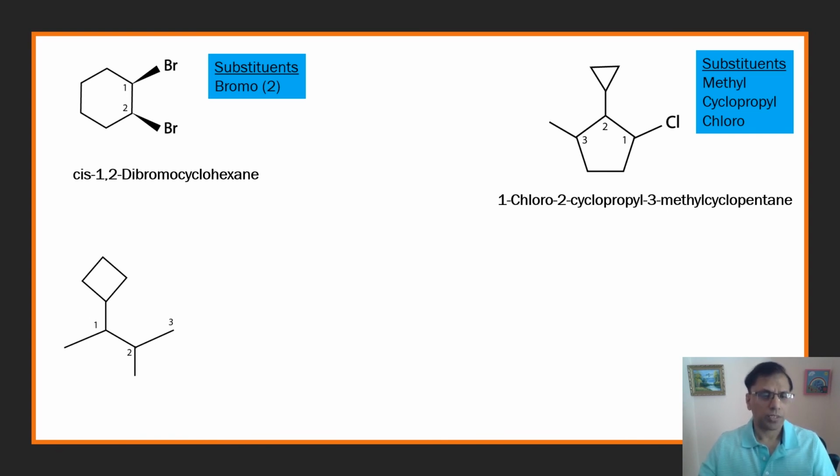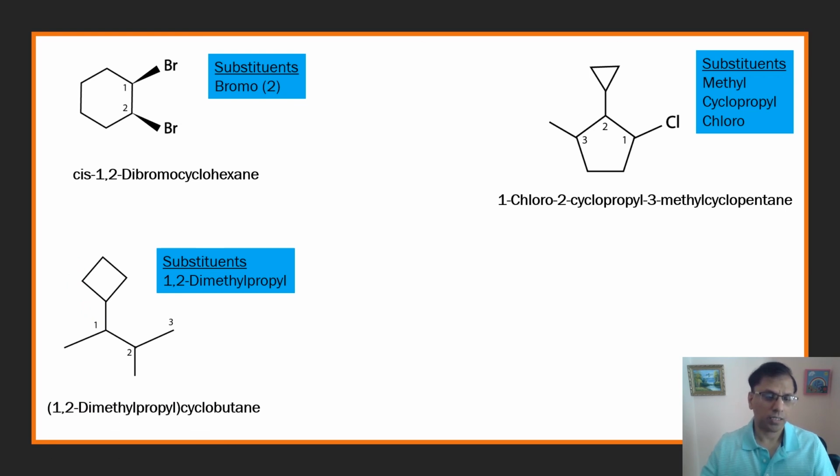Let's look at this particular example. This is considered as a substituent, and this is the parent ring. So hence it's called 1,2-dimethyl propyl cyclobutane. So this is the parent ring. So let's look at another example.